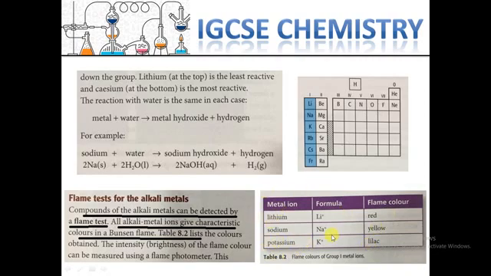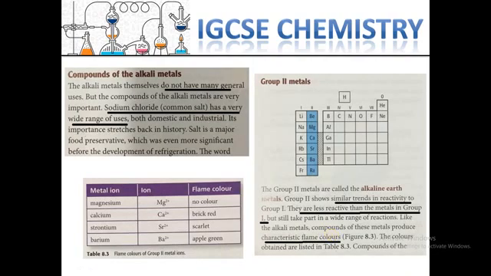You can look at table 8.2. These slides cover compounds of the alkali metals. These metals are not very applicable for many things, but the most common one is sodium chloride, which is used to form salt. The table salt that we use is the most common use of a group 1 metal.